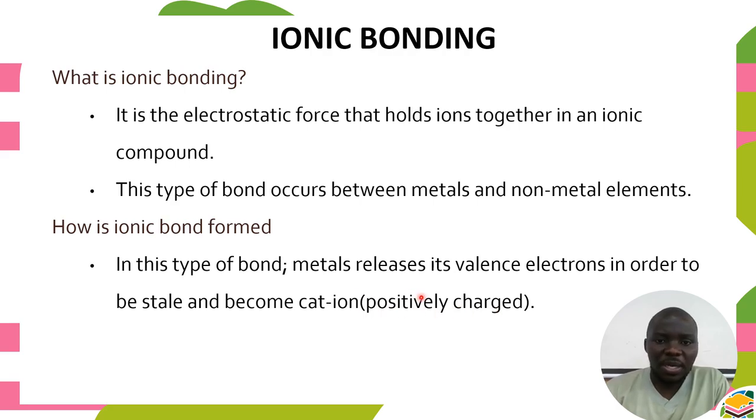Now this one has lost electrons, so it means you now have more positive protons inside than electrons. That's why this one becomes positively charged. So in this bond, metals release the valence electrons in order to be stable and become cations, positively charged atoms.